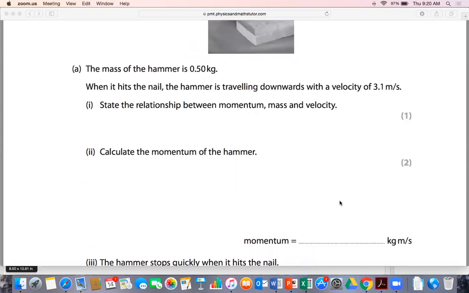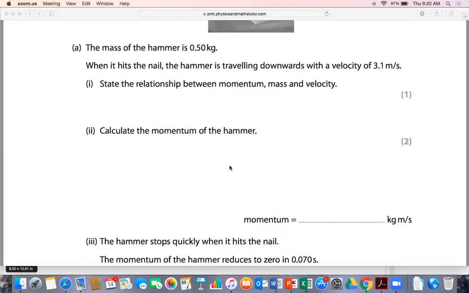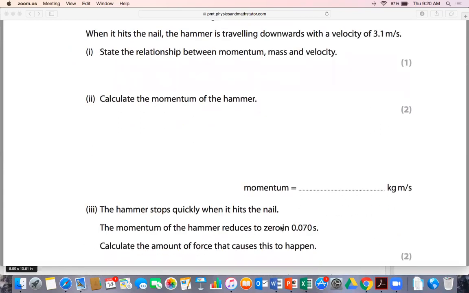The momentum just now was 1.55, correct? And then it became 0 because it reduces to 0. So the change in momentum is 1.55 minus 0, which is 1.55. The time was 0.07 seconds. If I take 1.55 divided by 0.07, I will get 22.14.